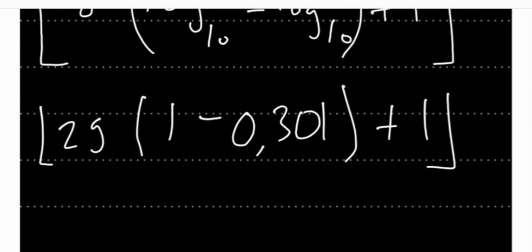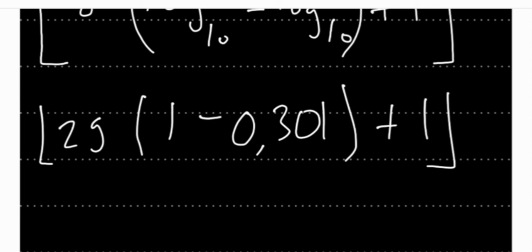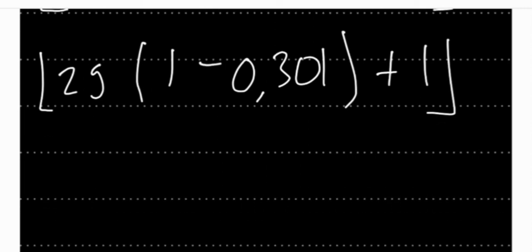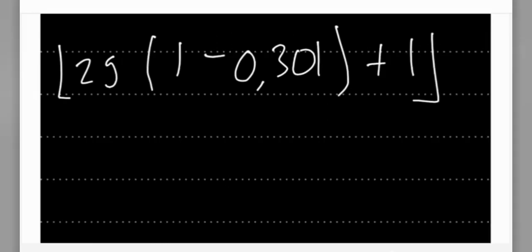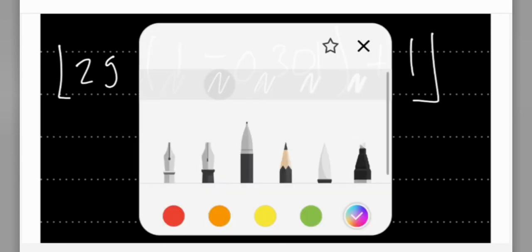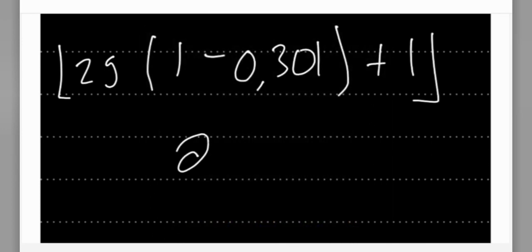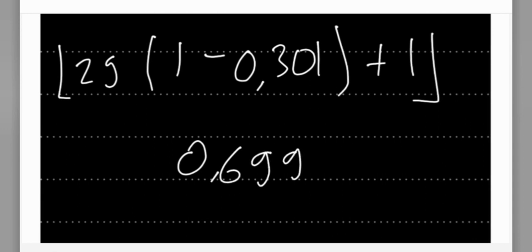Okay, so 1 minus 0.301 will be 0.699. If you do this, you will get this.